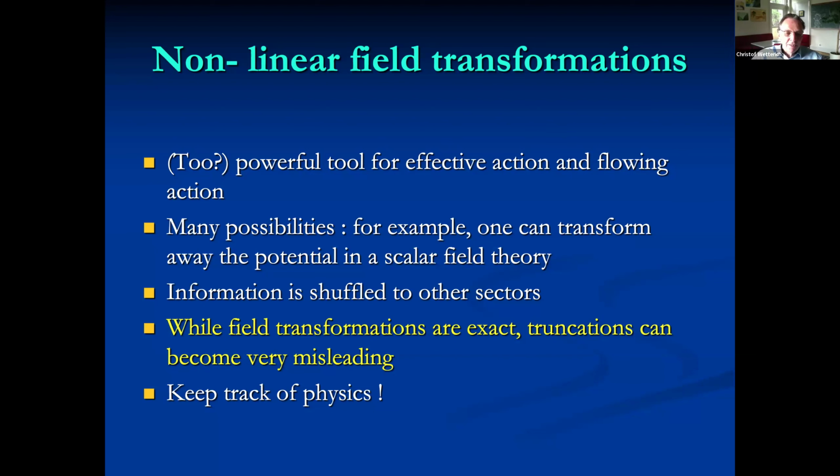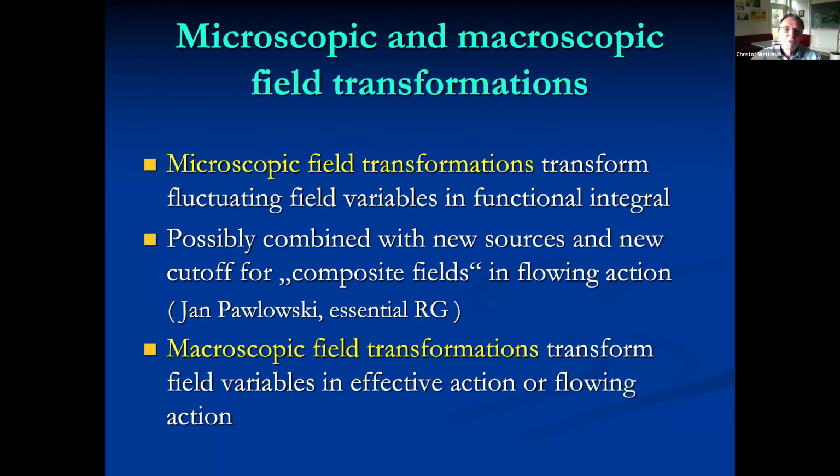So the simple lesson is: better keep track of physics. You should not be satisfied by having simply formally exact information, but you should really keep track of physics, of what a transformation does.